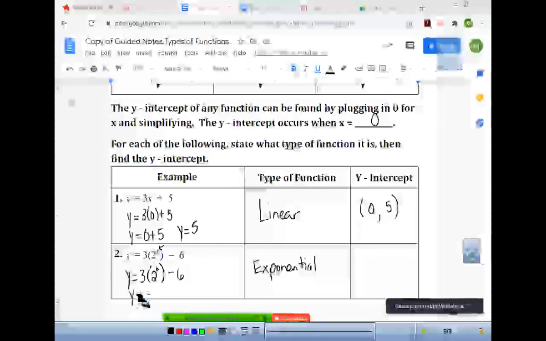So this is going to be 3 times 1 minus 6, because 2 to the 0 power is 1. And so then we have 3 times 1 is 3, and 3 minus 6 is -3. So my y-intercept is (0, -3).